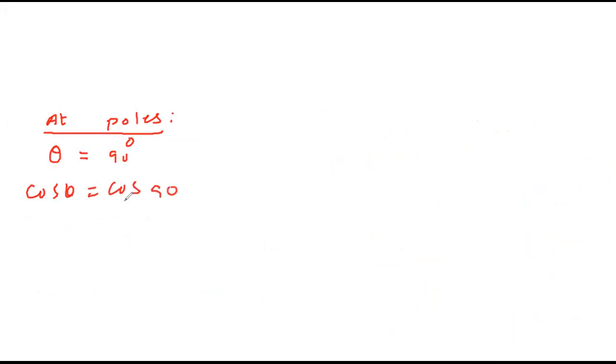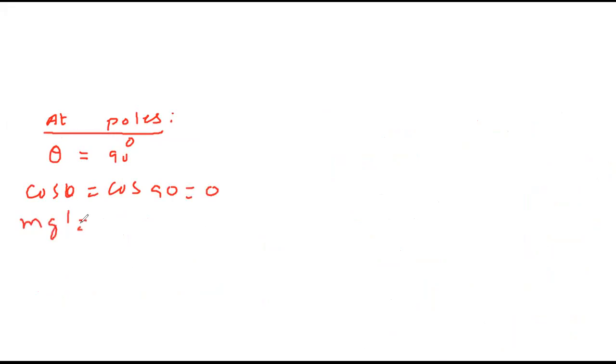Now at poles, we'll see what will happen. At poles, what is theta at pole? 90 degree. So what will be cos theta? It will be cos 90, which is 0.